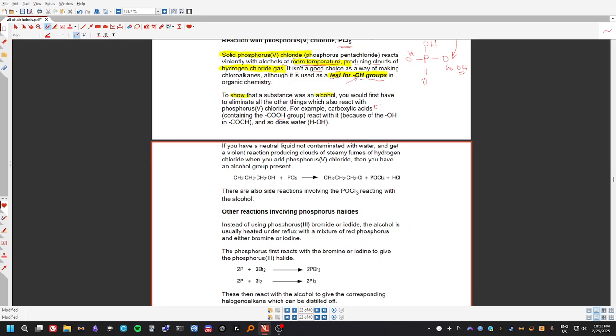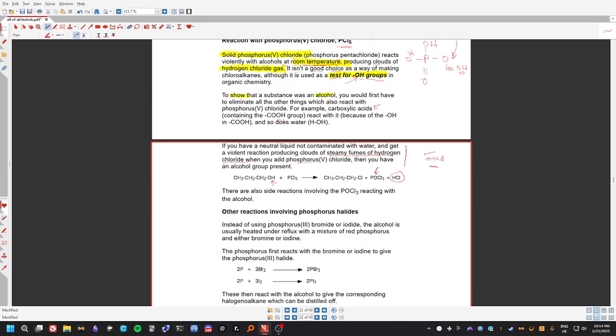Practically, that means if you're sure that it's neutral, without any carboxylic acids, and that it's pure without any water, and you also get steamy fumes of hydrogen chloride gas, then you have your alcohol present.